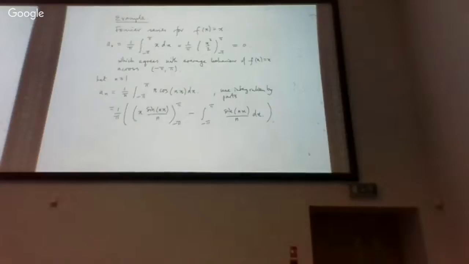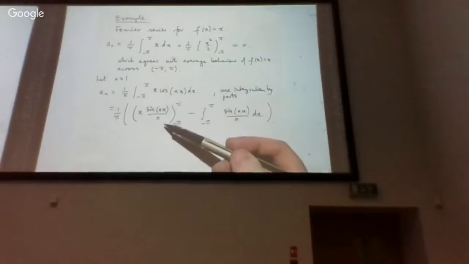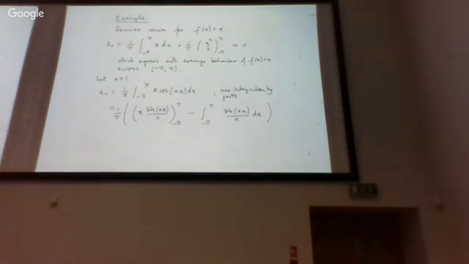Now, what's going on here? What do you get from evaluating this first bracket? One of the factors in there is sine of an integer multiple of pi, plus or minus pi. But sine at any integer multiple of pi is 0. So what you get in here is just 0 minus 0, so you get 0.